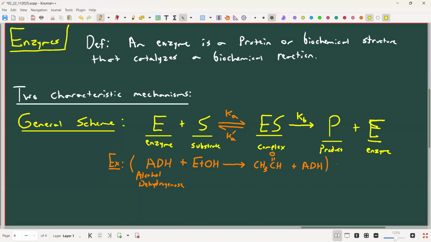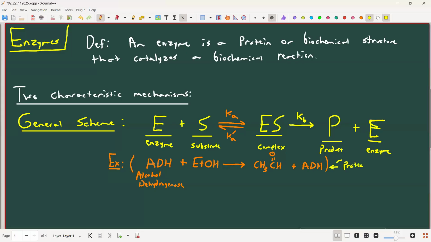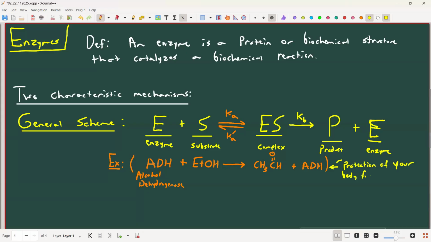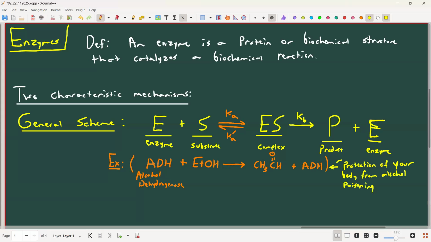This is the protection of your body from alcohol poisoning. It's how we process alcohol. Our body takes alcohol, which is a polar solvent.